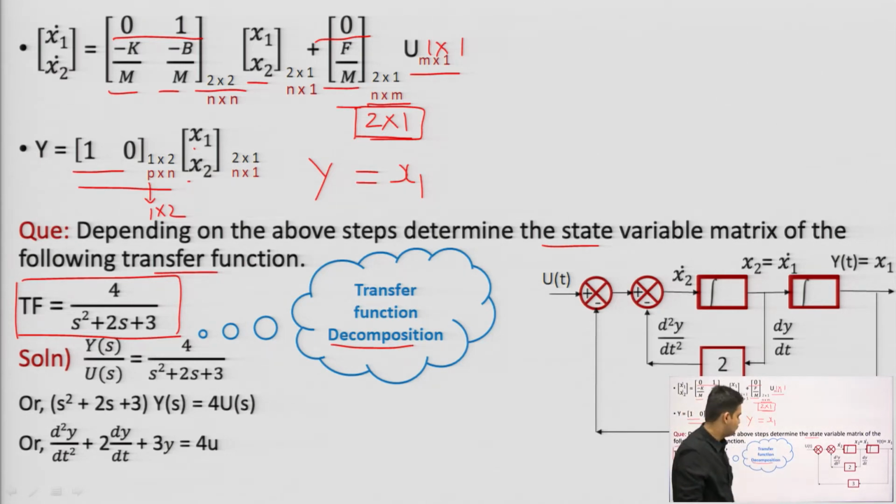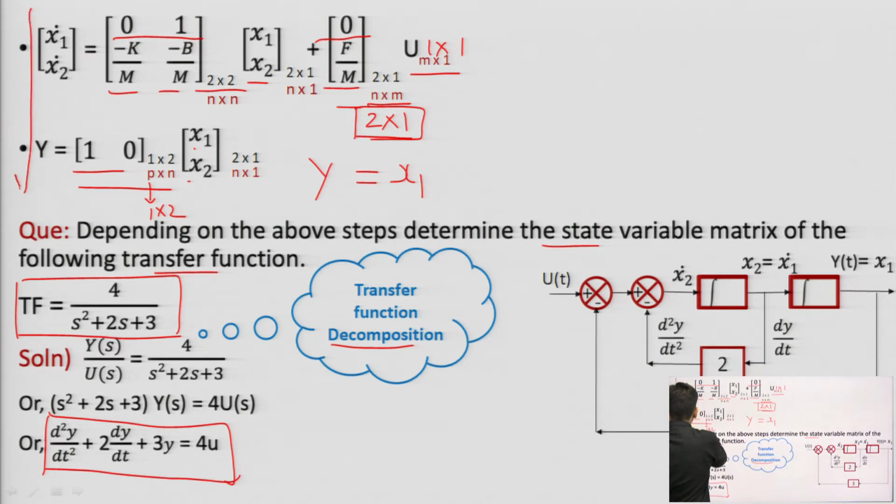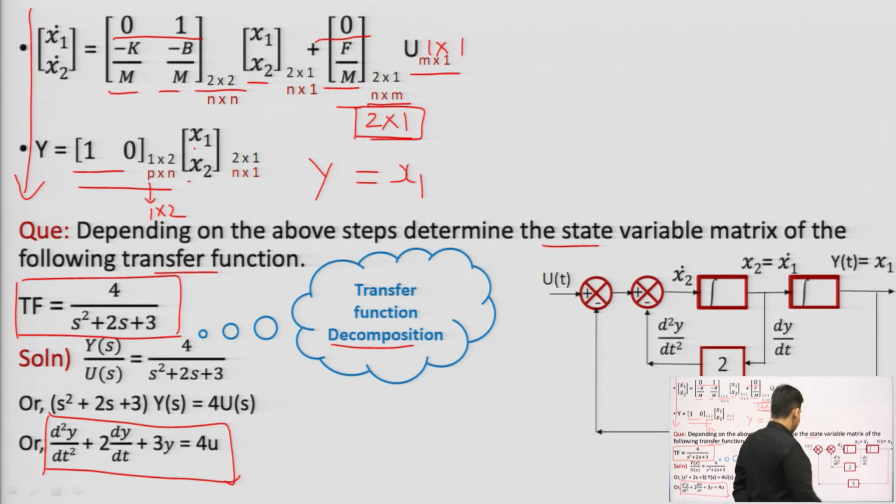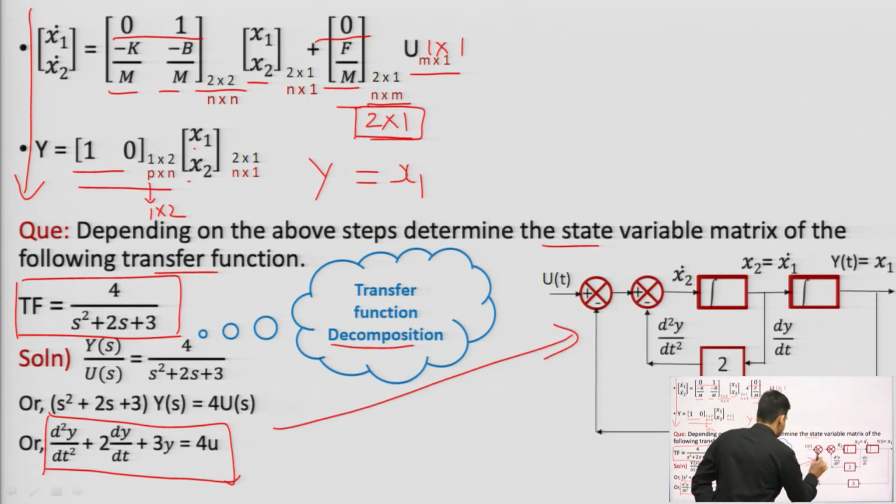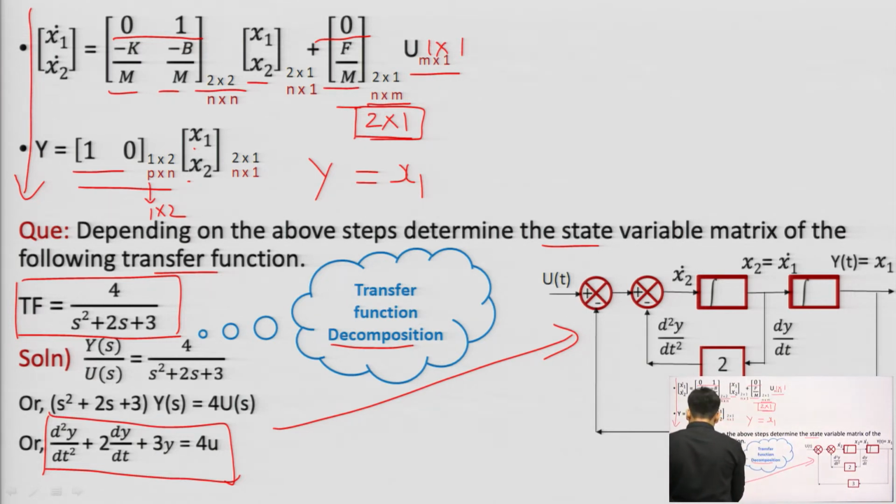It means I need to convert it into a differential equation, then I will obtain these basic steps to obtain the output. Here this is the state diagram for this. Here I am getting dy by dt and y, and d2 y over dt square.